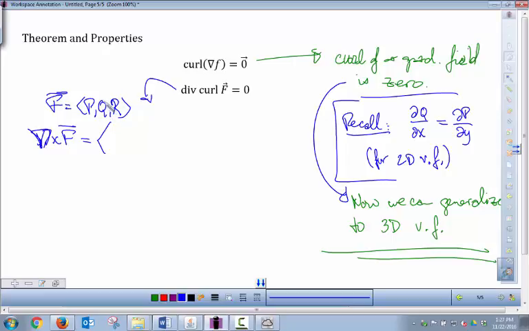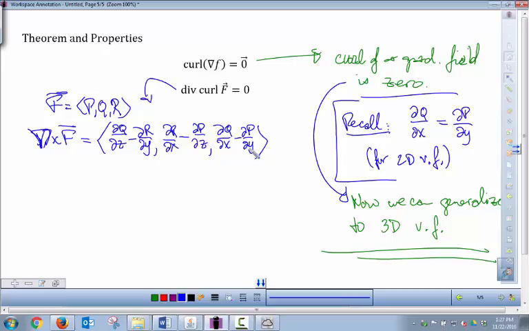I think it's the derivative of q with respect to z minus the derivative of r with respect to y, and then the derivative of p with respect to z, with a negative in front, and then the derivative of r with respect to x, and then the last one is dq dx minus dp dy, which is the last component.